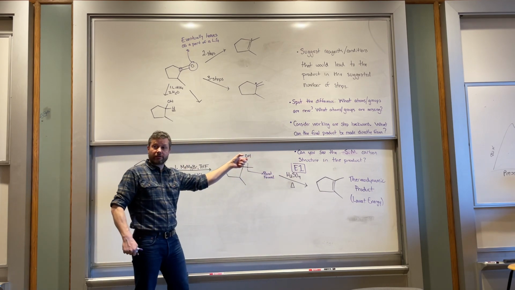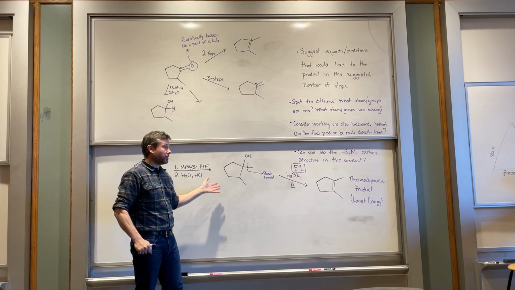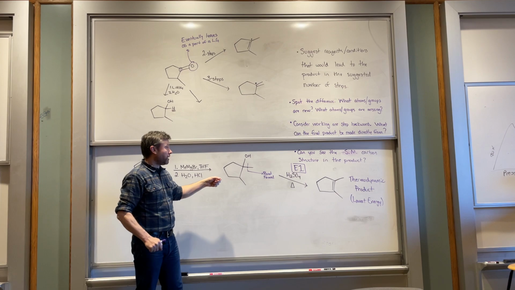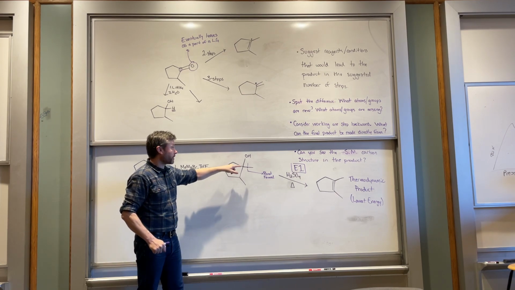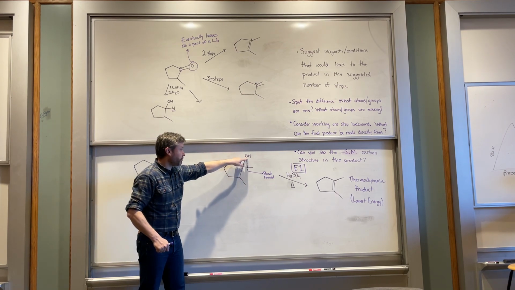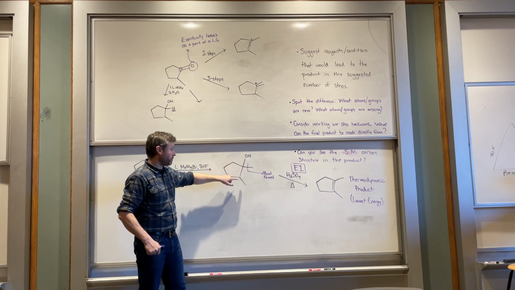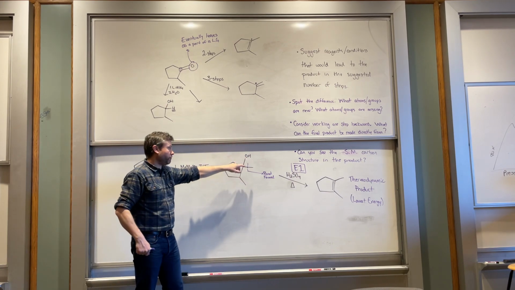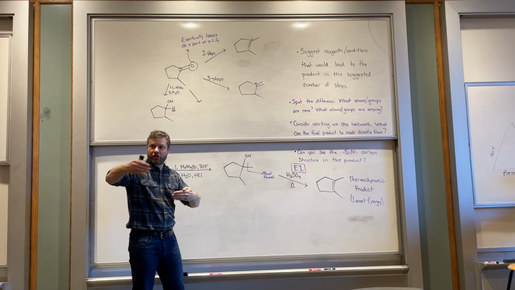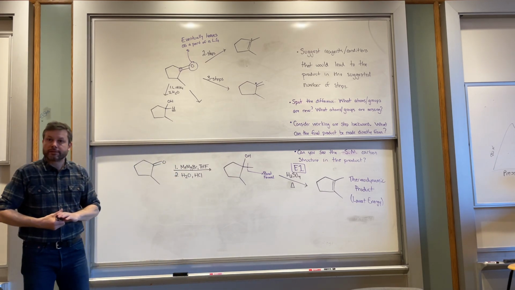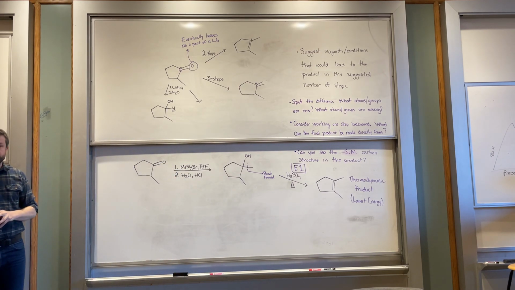It donates the proton to the first oxygen, forms water, and then this oxygen is going to pick up a proton from another molecule here, which will form water there. It's kind of a chain reaction after that. Okay, other questions?